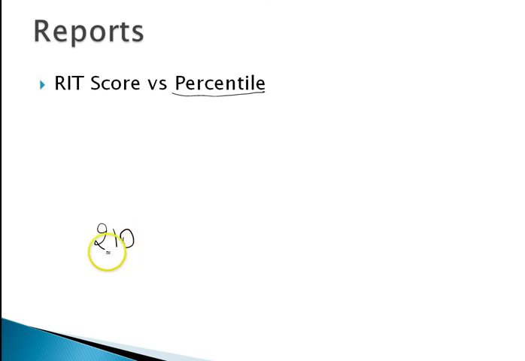This means that, from the questions he answered correctly and wrongly, the software gave him this number. This number is compared to all students of the same age who took the same test at the same time.